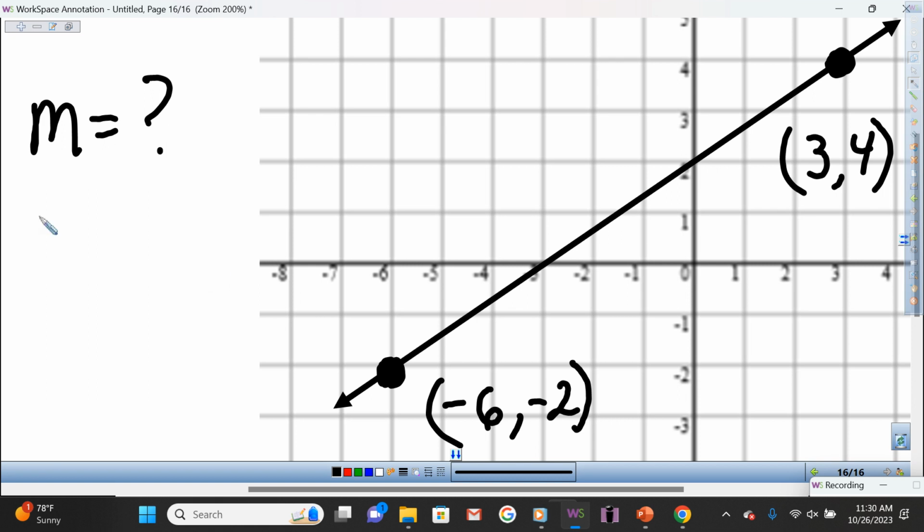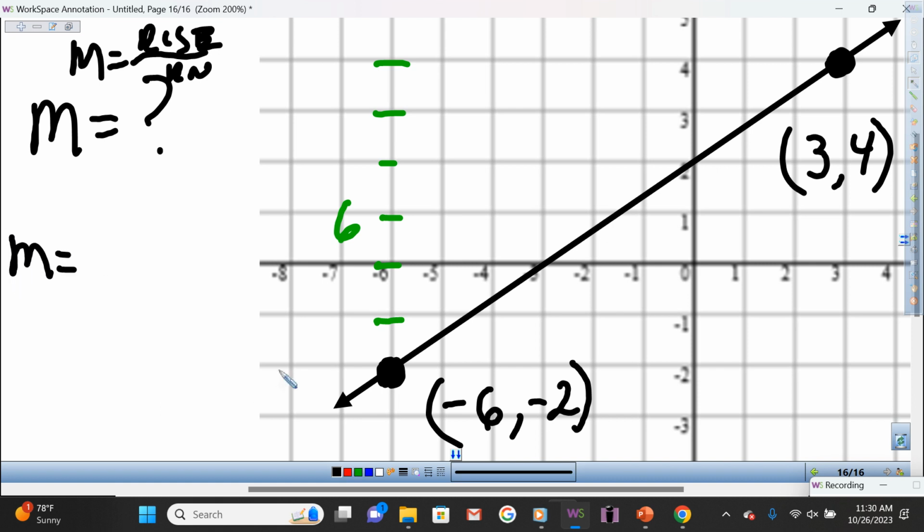You count, yes. Rise over run. Oh, count up, okay. So if we go from left to right, yeah, it looks like it's going up. So let's do 1, 2, 3, 4, 5, 6. All right, so my slope starts with 6 on the rise.